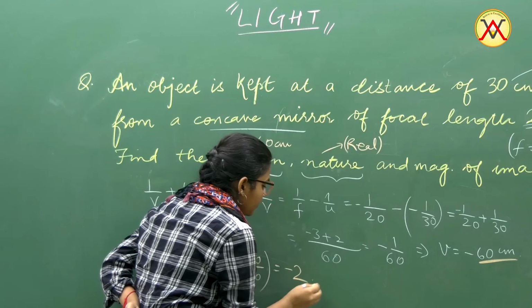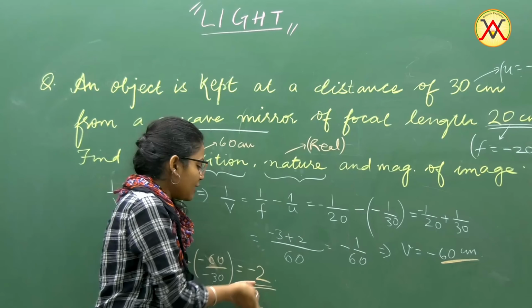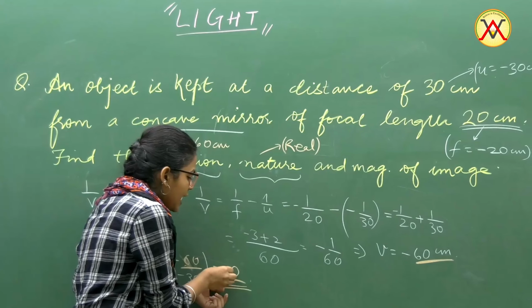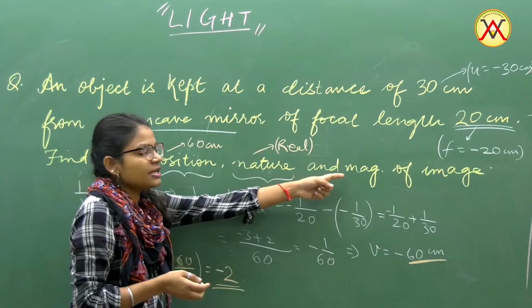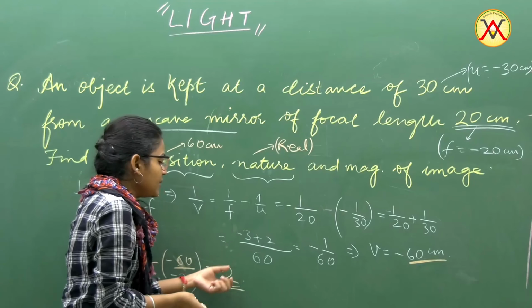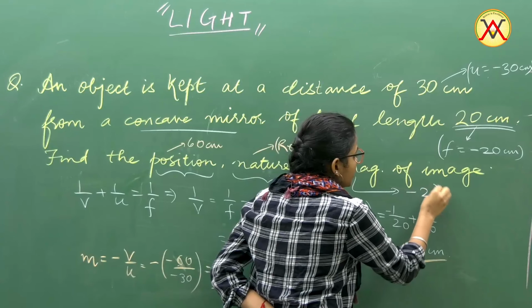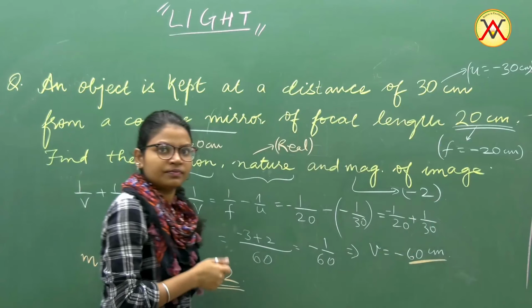So, our magnification comes out to be minus 2. Even from the magnification, the negative sign tells that the image is a real image. And 2, a value greater than 1, means our image is an enlarged image. Our magnification is minus 2.